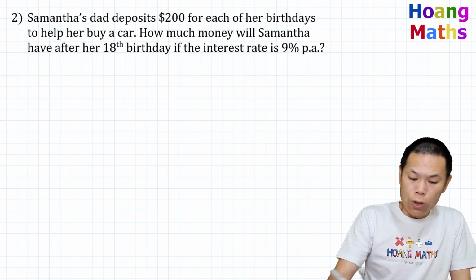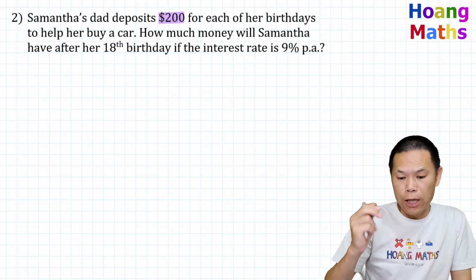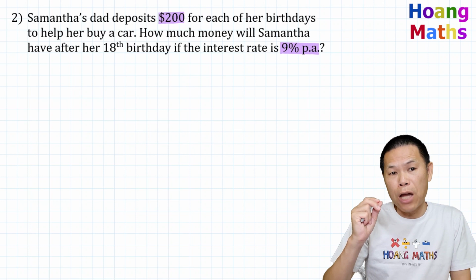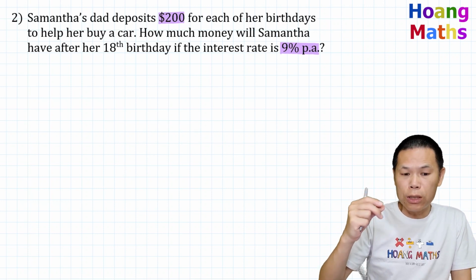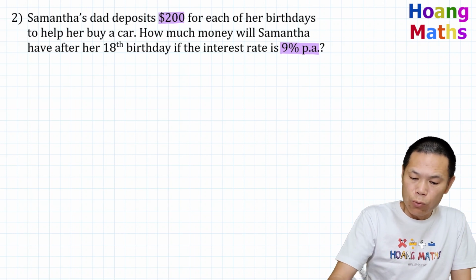So first of all, we need to know that Samantha's dad deposits $200 every year, and it compounds yearly, of course, because it is 9% per annum and he deposits every year. So the interest rate stays the same, so we don't need to change.